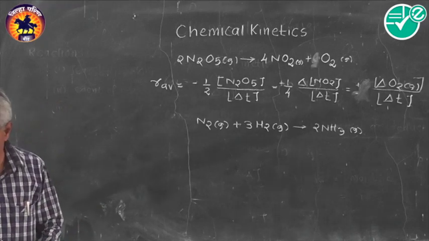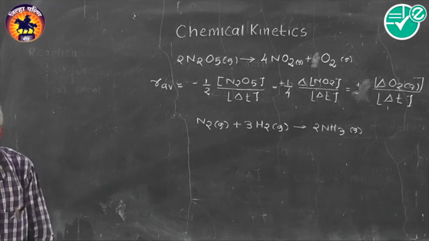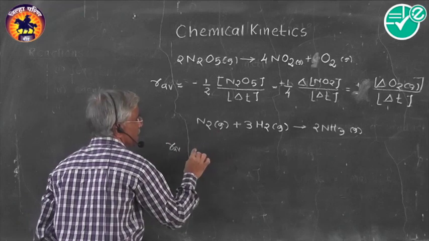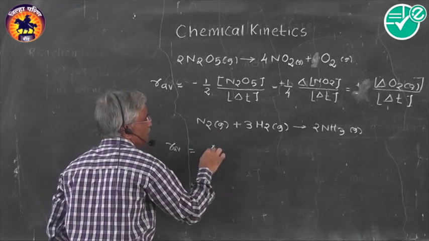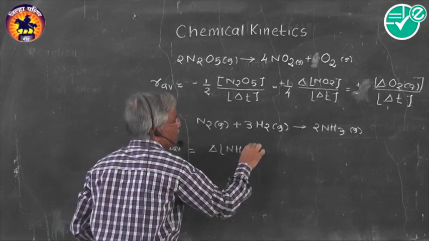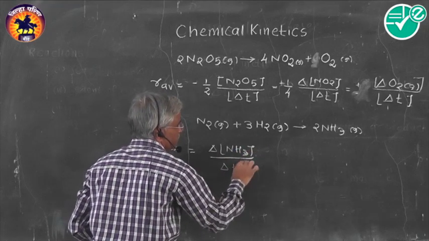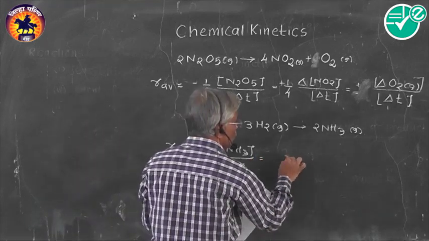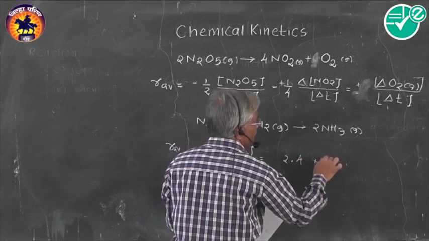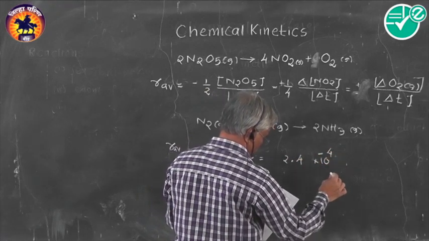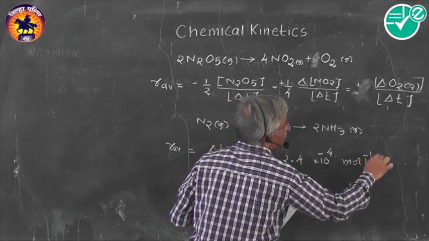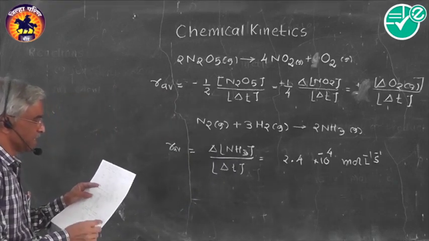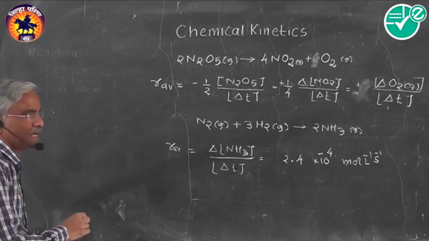Now if they have given the rate of reaction in terms of ammonia, an average rate of reaction in terms of the formation of ammonia, change in concentration of ammonia with respect to time, and that value they have given to be 2.4 multiplied by 10 raised to minus 4 moles per liter per second, the units. Now they are asking you to calculate in terms of nitrogen and in terms of hydrogen.